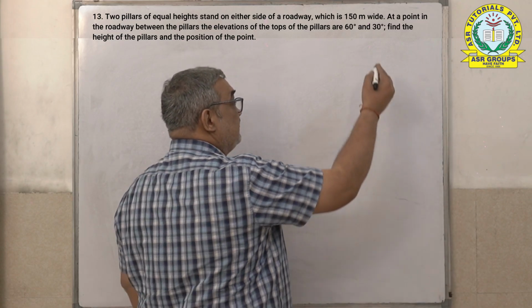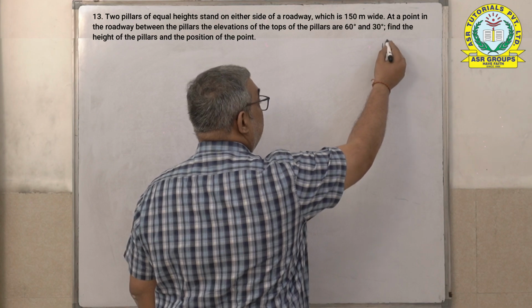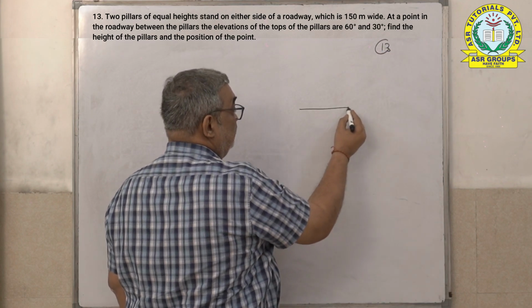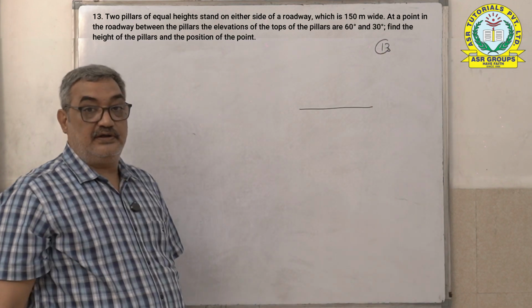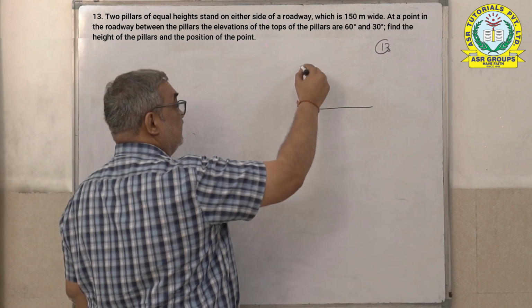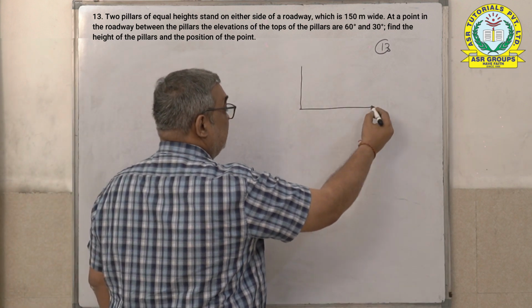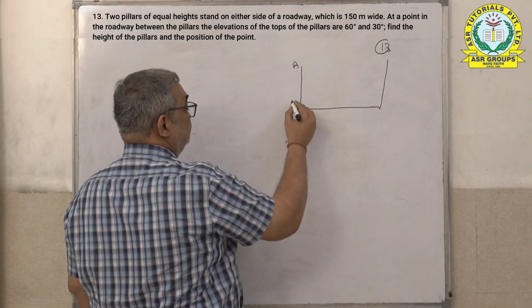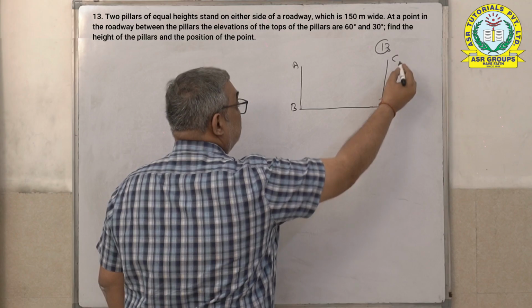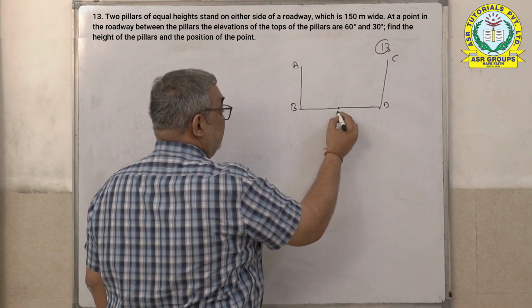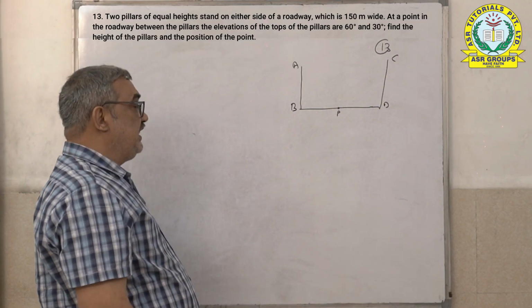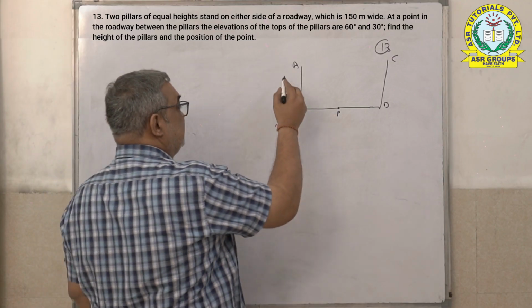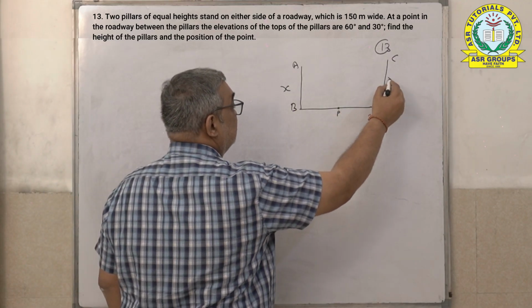Now, sum number 13. This is the road. Got it? There are two pillars of equal heights. There is a point in the middle, not exactly middle. This height is x.